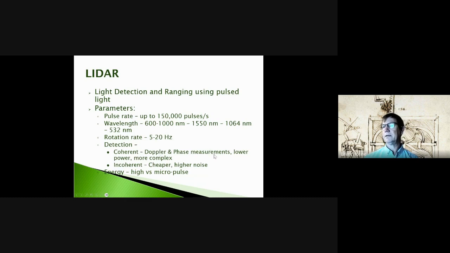Ultimately, we get a better signal to noise out of this approach, so we don't need as much power to accomplish our imaging task at a certain range, but it is more complex. Incoherent, we're just looking at magnitudes of the signal coming back, and it's cheaper, but is going to suffer higher noise.